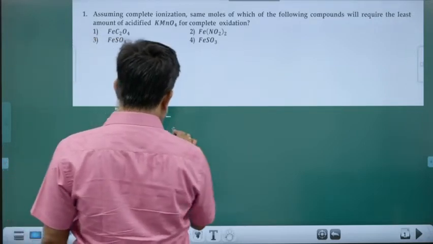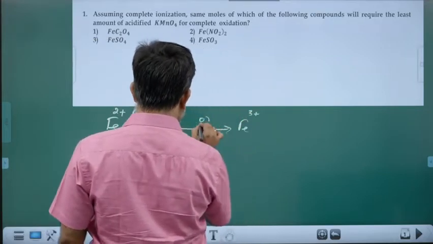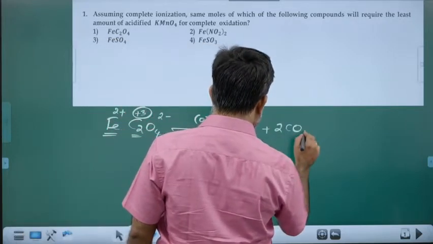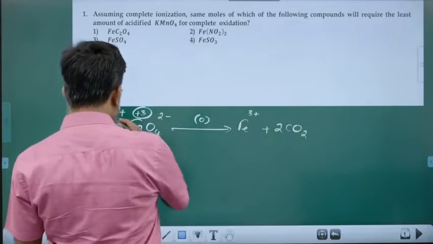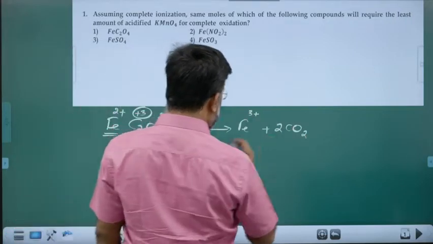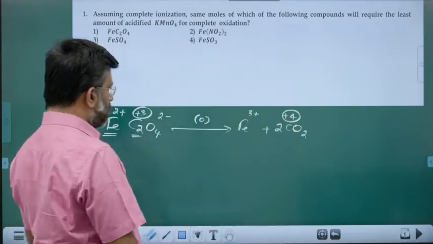Ferrous will be oxidized to ferric, while oxalate will be oxidized to carbon dioxide. So ferrous becomes ferric, that is oxidation. Oxalate becomes carbon dioxide, where carbon is in the +4 state, that is also oxidation.